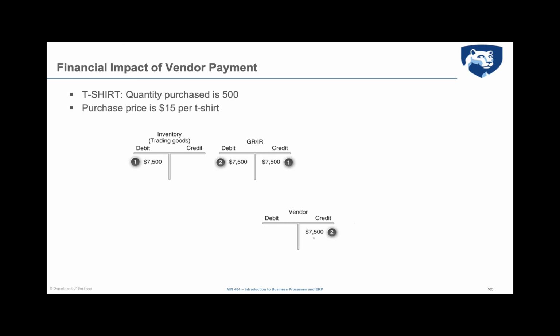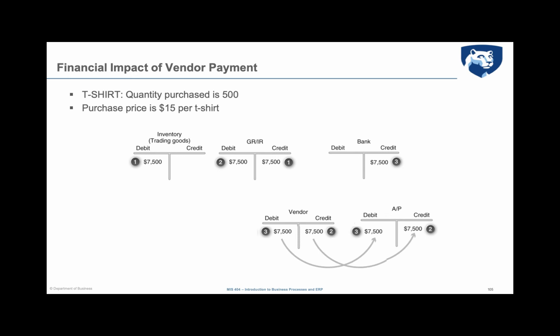This increases the vendor account payable, which is then posted on the general ledger accounts payable account. Now, when we are going to pay the vendor, we are decreasing our bank account by this amount, and we are decreasing the vendor account on this debit, and finally, we are decreasing the accounts payable account in the general ledger when we reconcile this type of account.